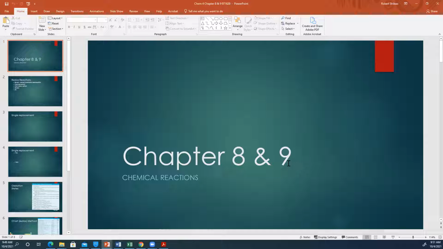Actually, chapters 8 and 9 both deal with them. There are more chapters near the end, particularly with acids, bases, and redox, that deal with chemical reactions. And so I'll be introducing some of those topics from the latter chapters a little early here. We'll probably take a look at those chapters as well.